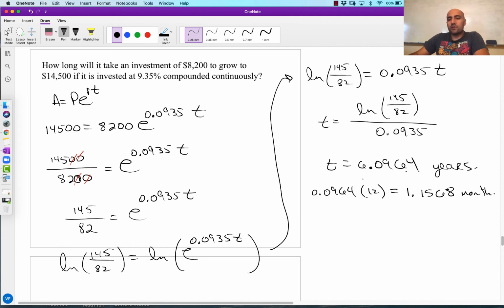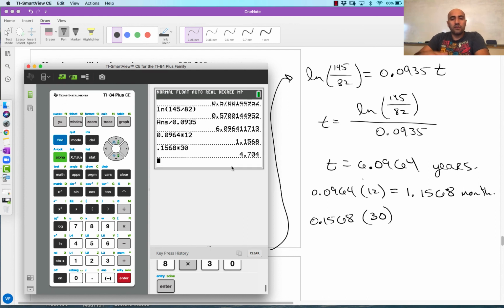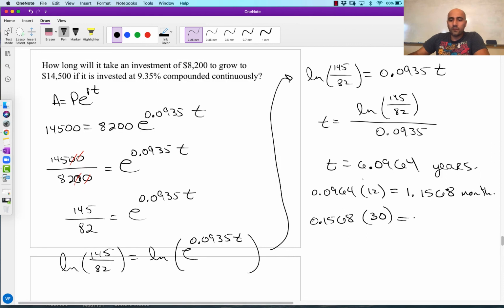So 0.0964 years is really 1.1568 months. So now if we multiply the 0.1568 times approximately 30 days in 1 month, we get 0.1568 times 30, which gets us to about 4.704 days.